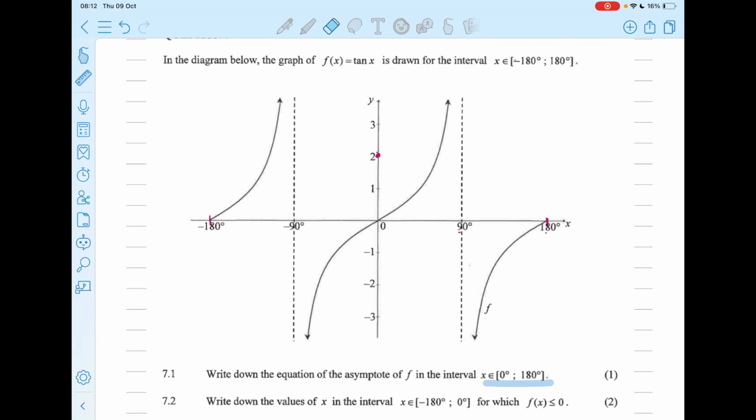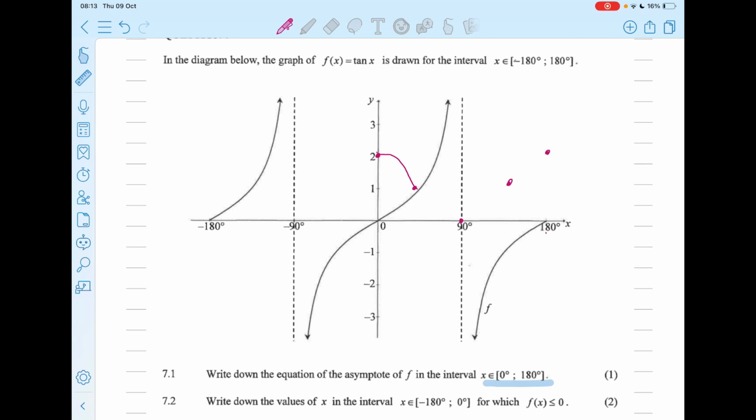At 45, it's now at 1, not 0, because it has been shifted upwards. And then 90, which is the new 180, it's at 0. And then 135, it's back at 1. And then 180, it's back at the maximum.